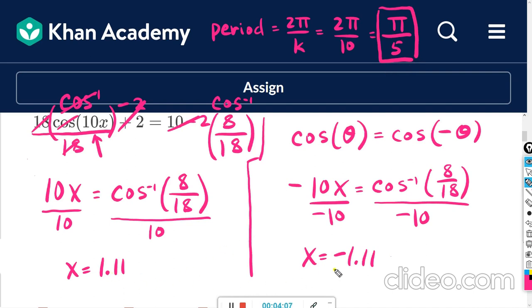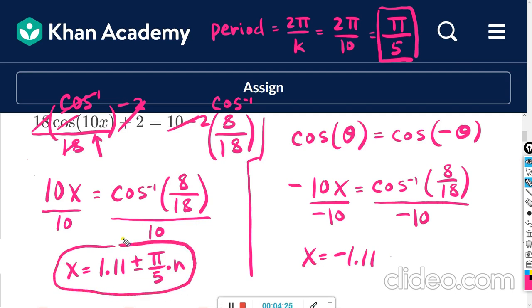So these answers are going to repeat every multiple of pi over 5. So I'm going to do plus or minus pi over 5 times n. And n can be any integer, negative 1, negative 2, positive 1, positive 2.